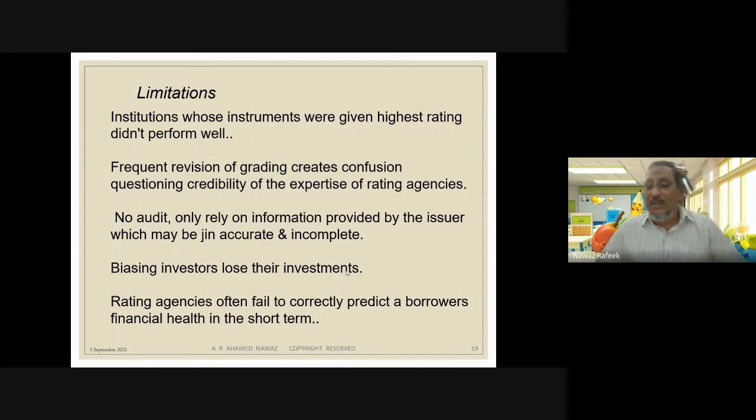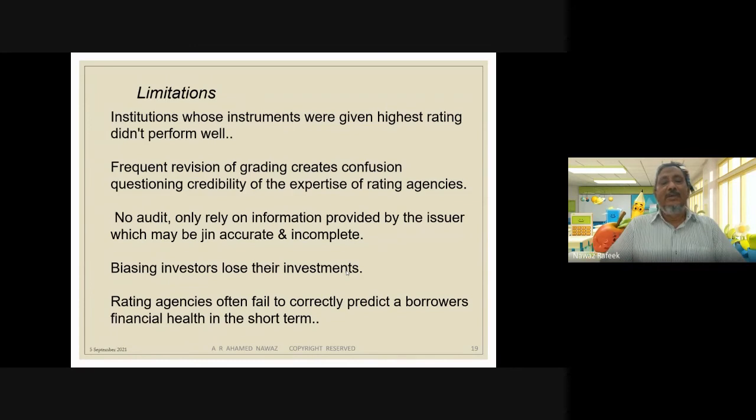For example, if a rating agency gives an A rating for a business, but with ongoing quarterly monitoring they change the rating, right? So it may go against the rating agency also. Credibility of the expertise of the rating agency: whether the rating agency is expert in that field of business.